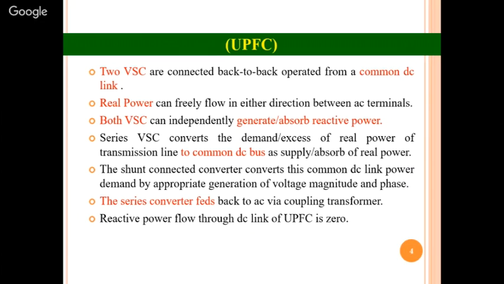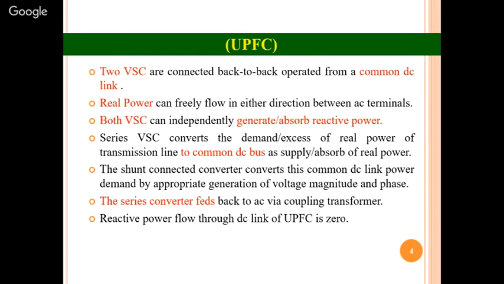Either this voltage magnitude can be greater than the line voltage magnitude, or it can be lesser than the line voltage magnitude. Accordingly, it will be generating or absorbing the reactive power. This is the main basic principle of the working of voltage source converter based FACTS devices. And about the real power, it generates or absorbs the real power by making the voltage phase difference with the current. That is the basic principle.